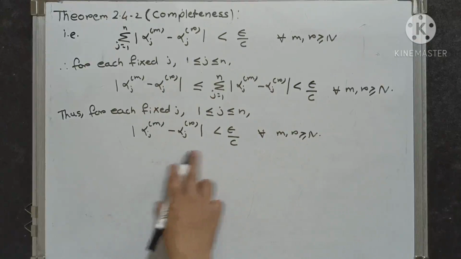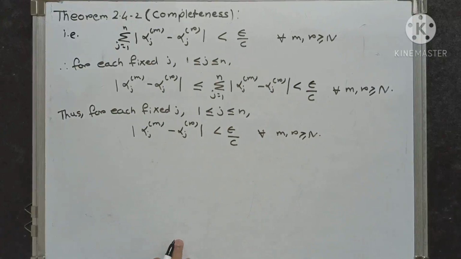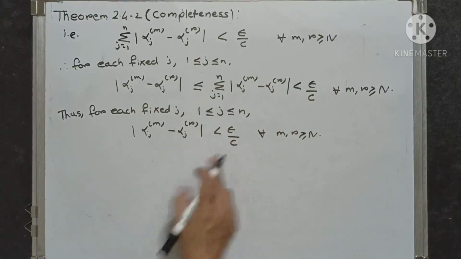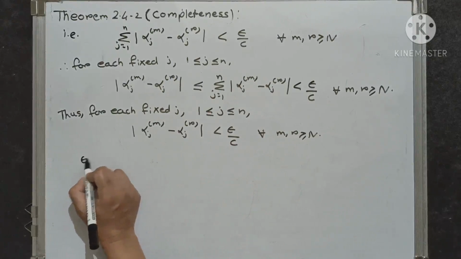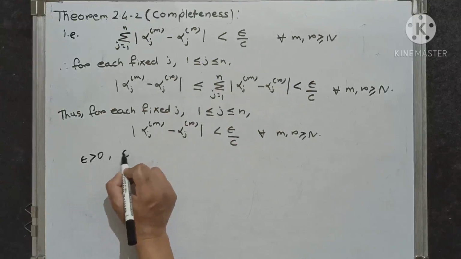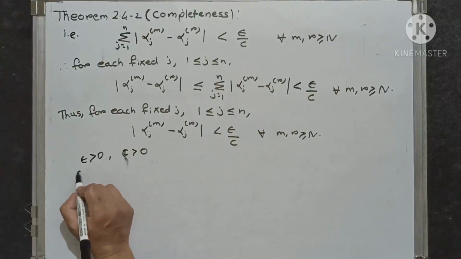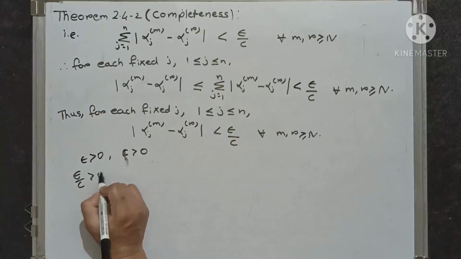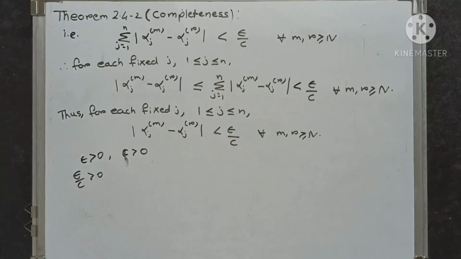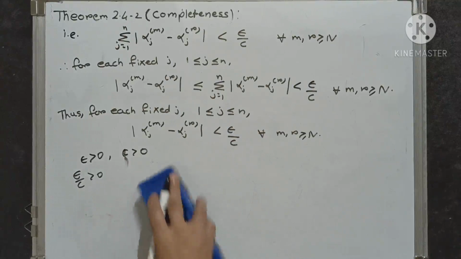Now we read this inequality like this. As we know that epsilon is greater than 0 and c is also strictly greater than 0, epsilon by c is also greater than 0, and thus we read this inequality like this.